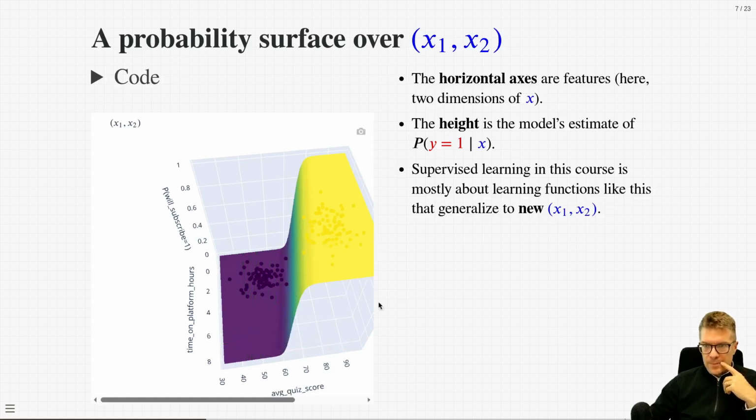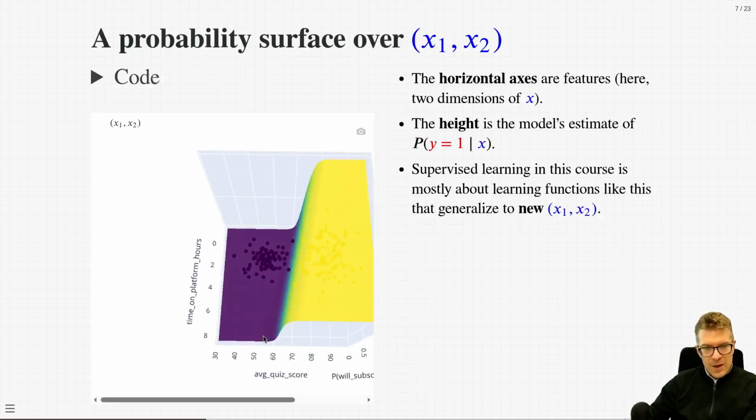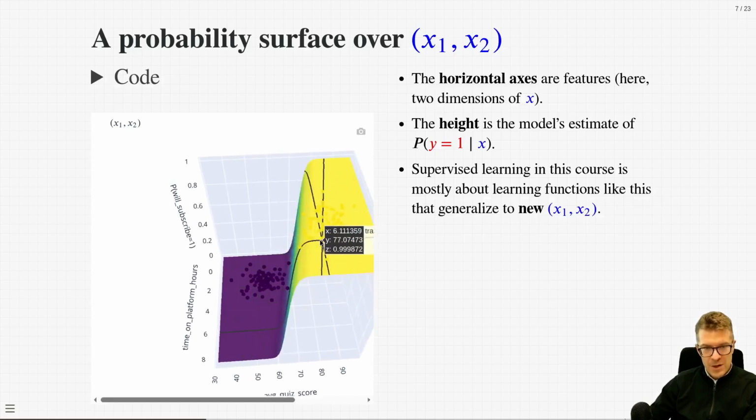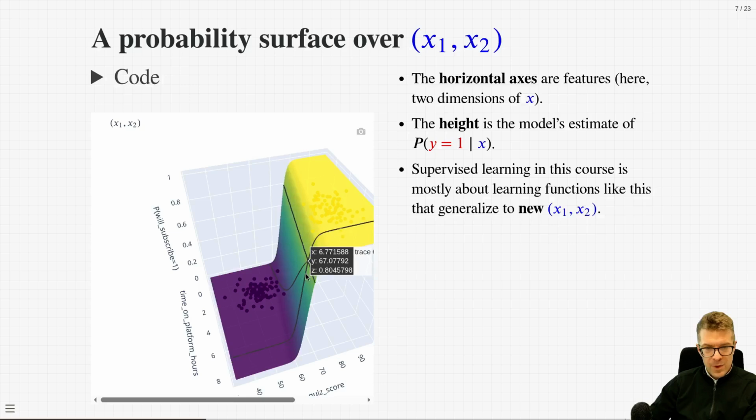The key thing here, once again, just to emphasize this, is that this probability function is fine for learning on our training data. Sometimes that's all you really want to do, but often what we want is to be able to make predictions about other things we've never seen before.